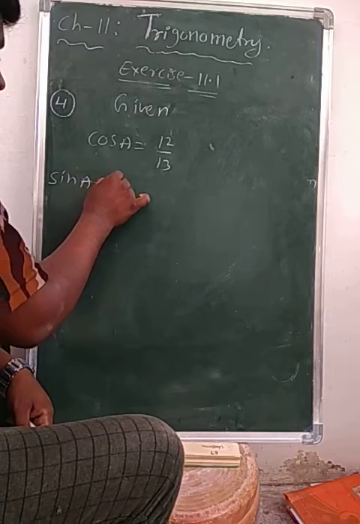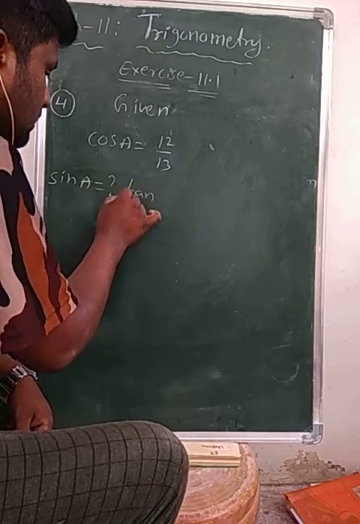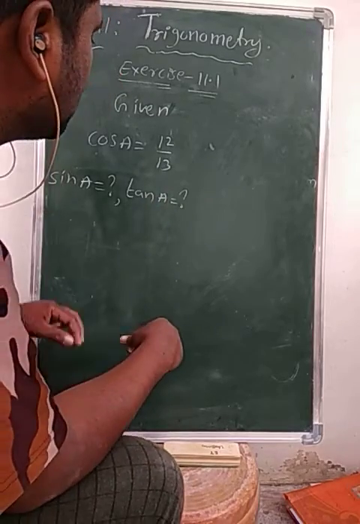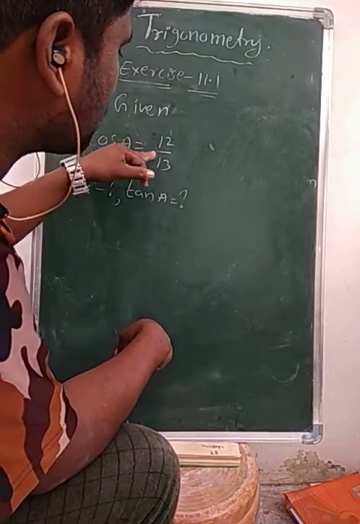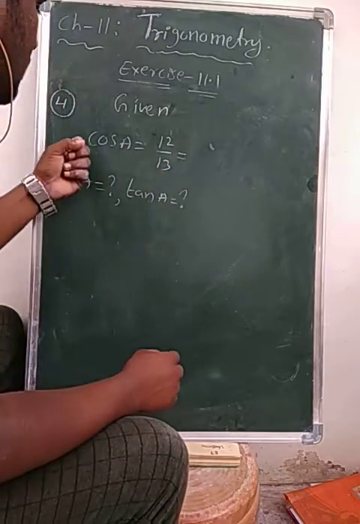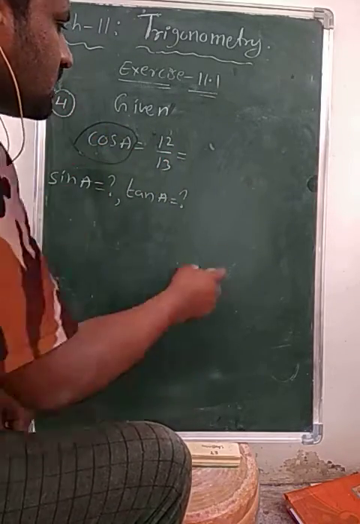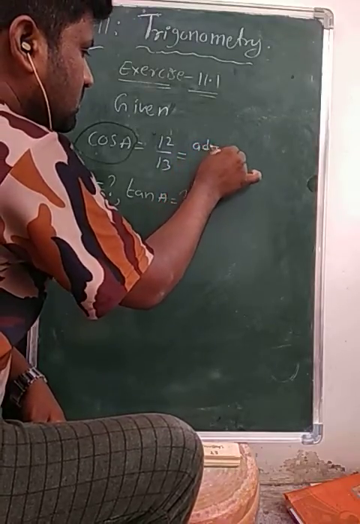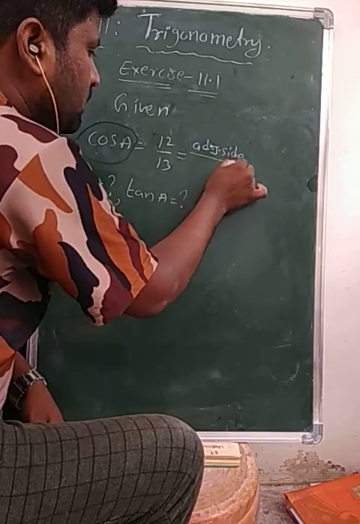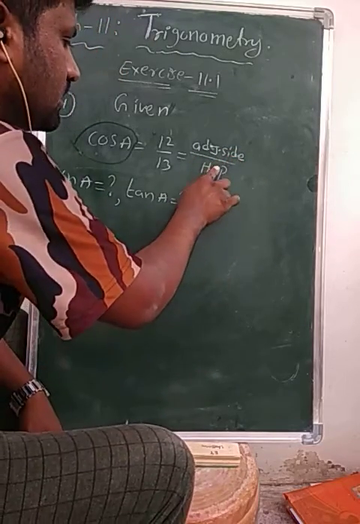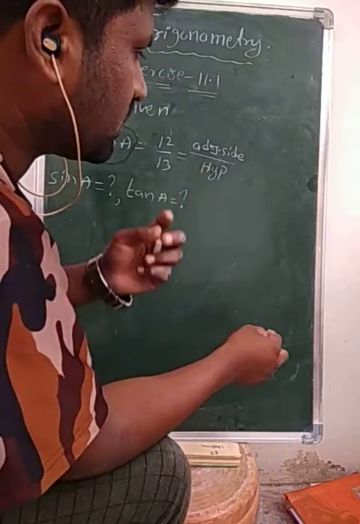Sin A is equal to what? Tan A is equal to what? So this is the question. Given cos A is equal to 12 by 13. We know cos means adjacent side by hypotenuse.